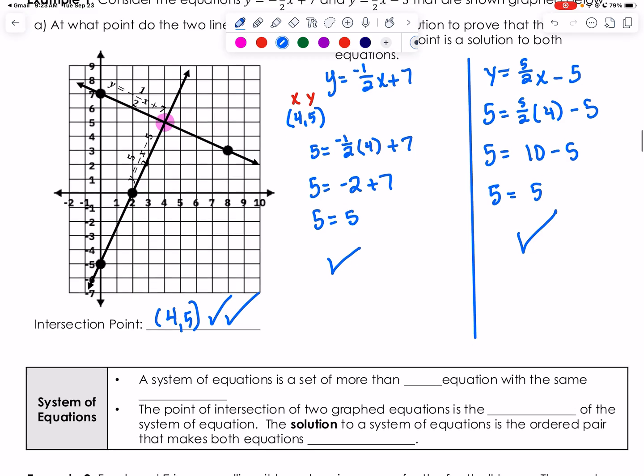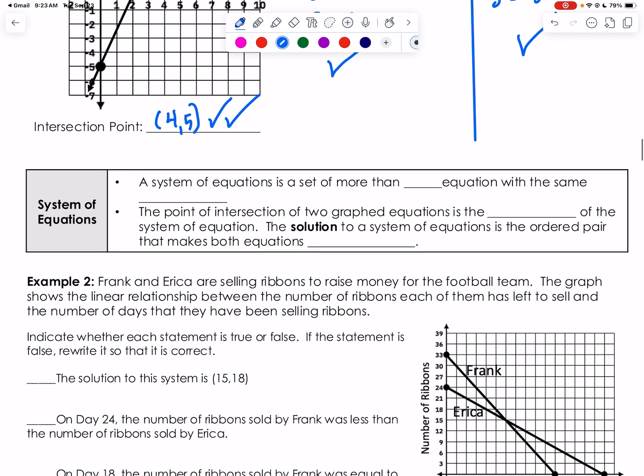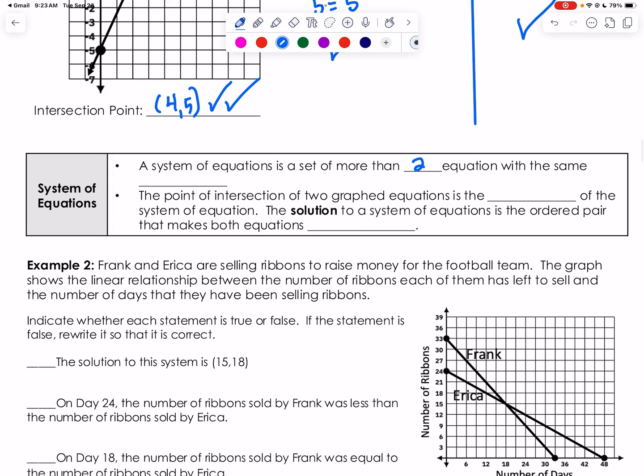All right, now let's define a system of equations. A system of equations is a set of 2 or more equations with the same variables.